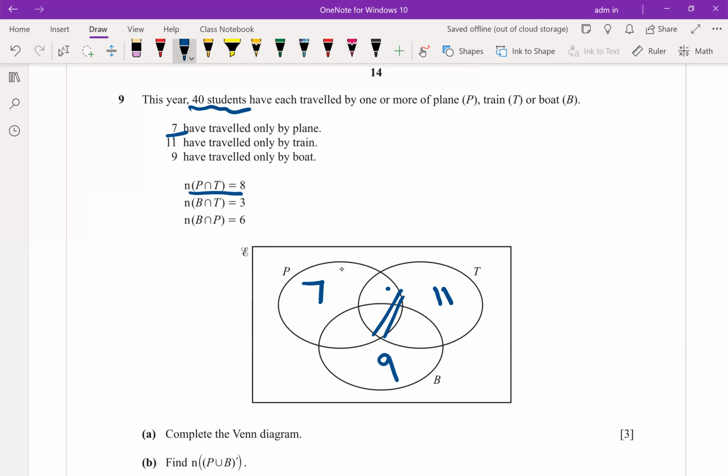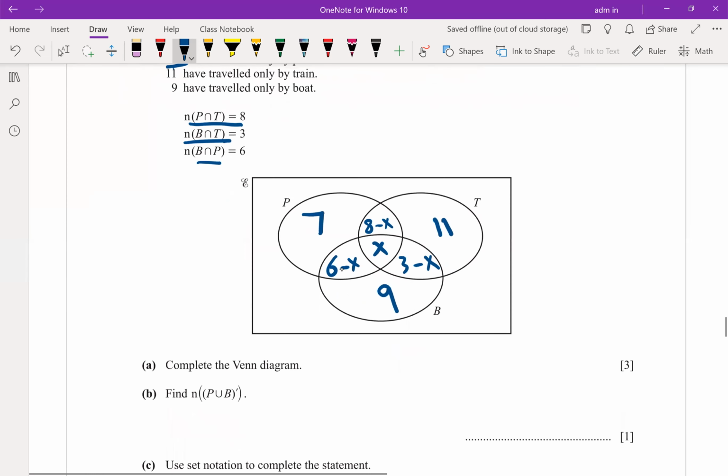So I will write the common for all and name it X. When it's written n of P intersect T is 8, this part will be 8 minus X. B intersect T is 3, so if this part is X, this is 3 minus X. B intersect P is 6, so this part is 6 minus X. Clear? Complete the Venn diagram.